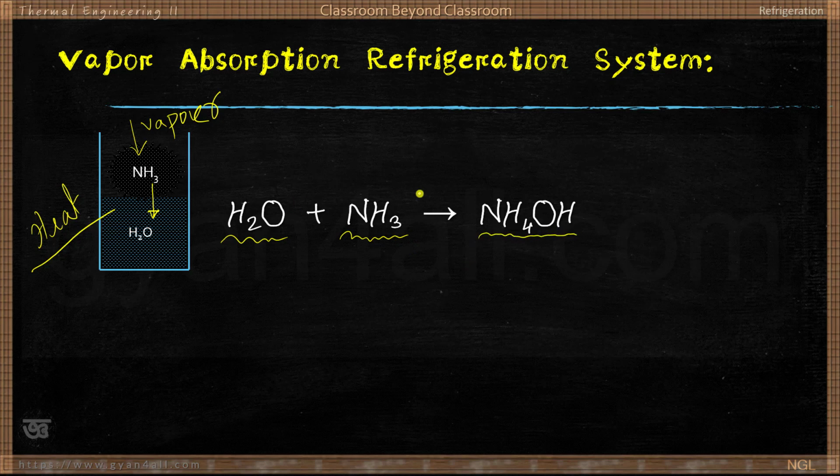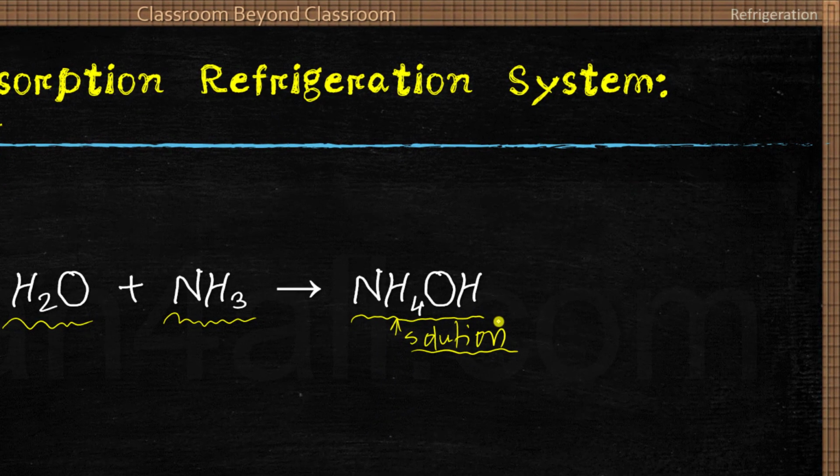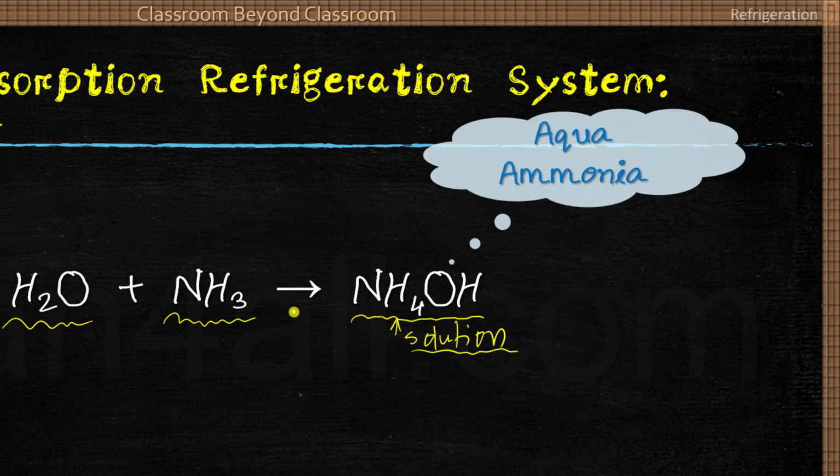Okay, this is called ammonia solution, because of the combination or absorption of ammonia by water. This solution is called aqua ammonia solution, and sometimes we call it aqueous ammonium. Also we simply call it ammonia solution.